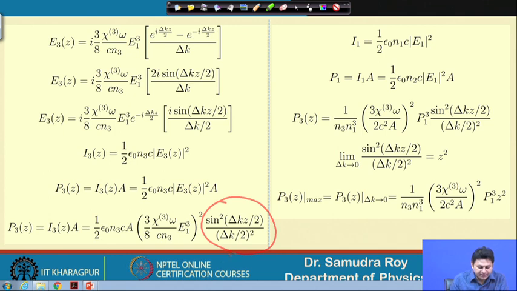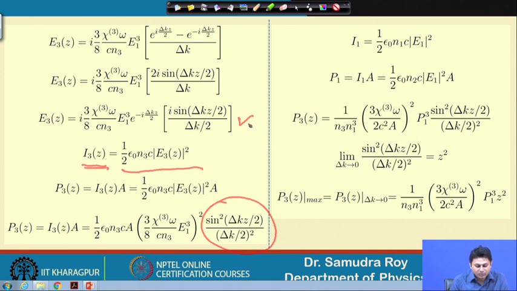Now, after having the expression like this, so this is the P3, mind it, every time when we deal with the electric field, it is then converted to the corresponding power. We know the intensity of the third order wave is related to this expression, half of epsilon 0 n 3 c mod of E 3 z square. E 3 z is now in our hand, this is our E 3 z.